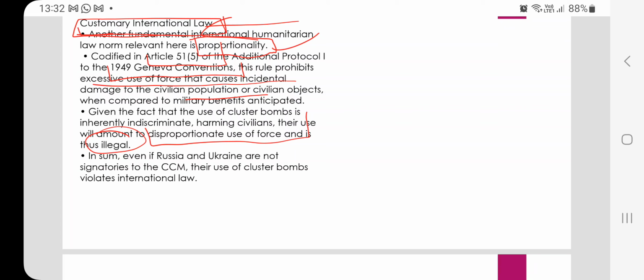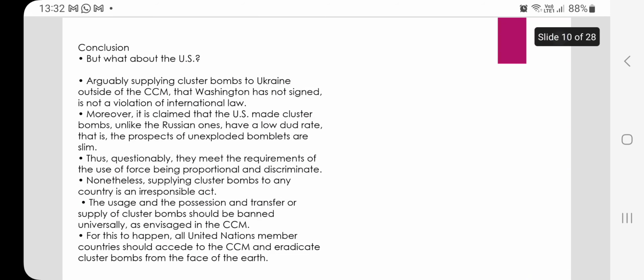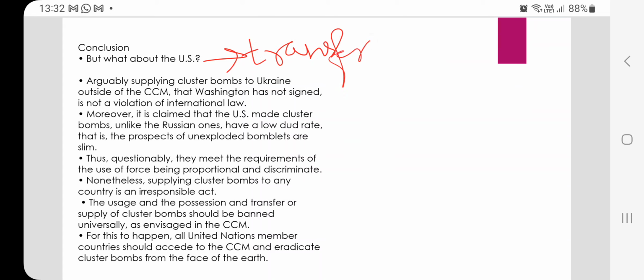Based on this argument, he is asking Russia and Ukraine to follow international law. Coming to the United States, does it violate any international law if it only transfers the cluster bombs? Legally speaking, the US will not be in violation.